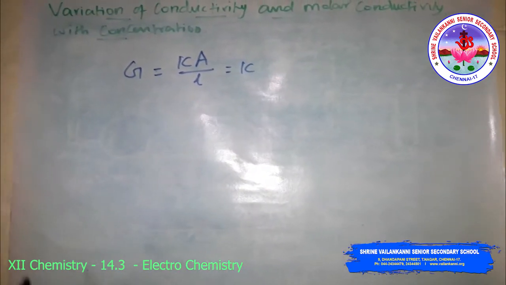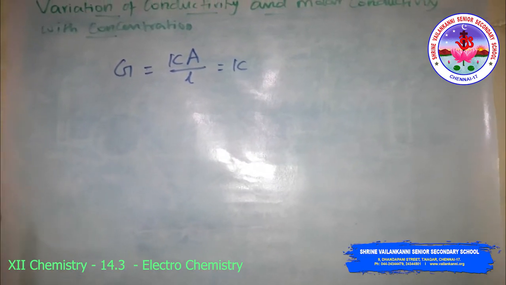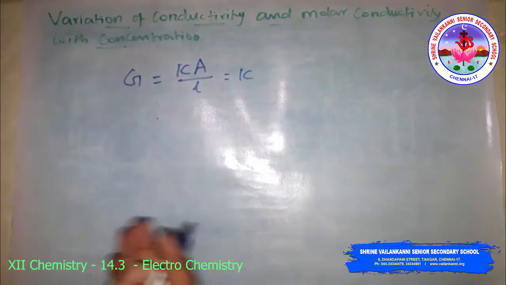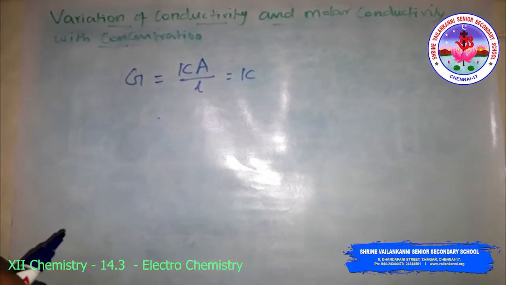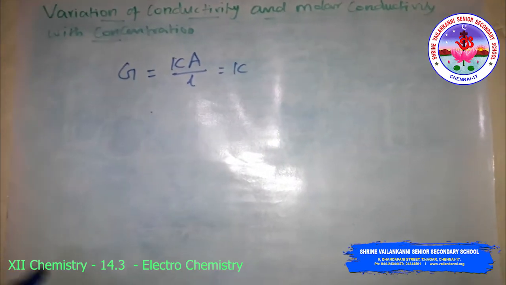The molar conductivity of a solution at a given concentration is the conductance of the volume V of the solution containing 1 mole of the electrolyte kept between two electrodes with unit area of cross section and distance of unit length.